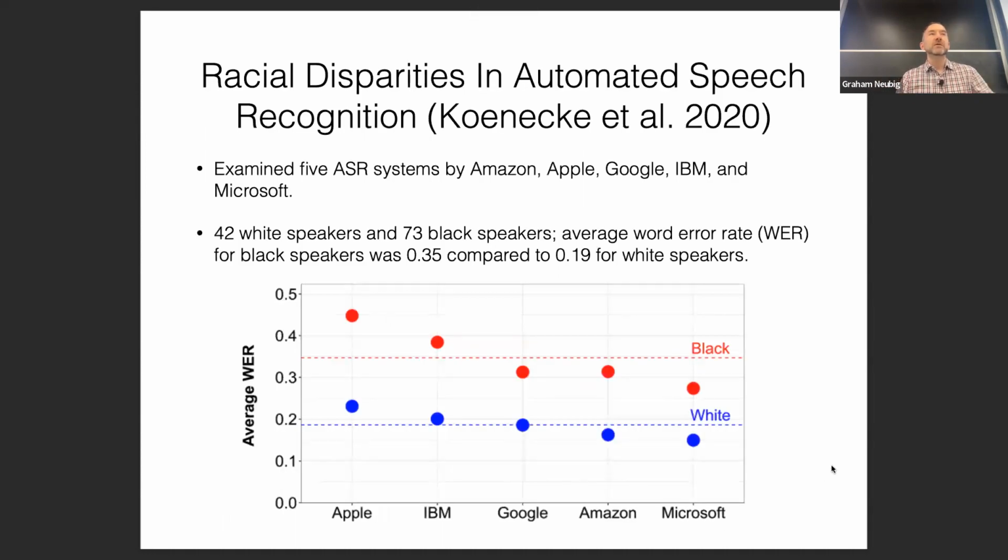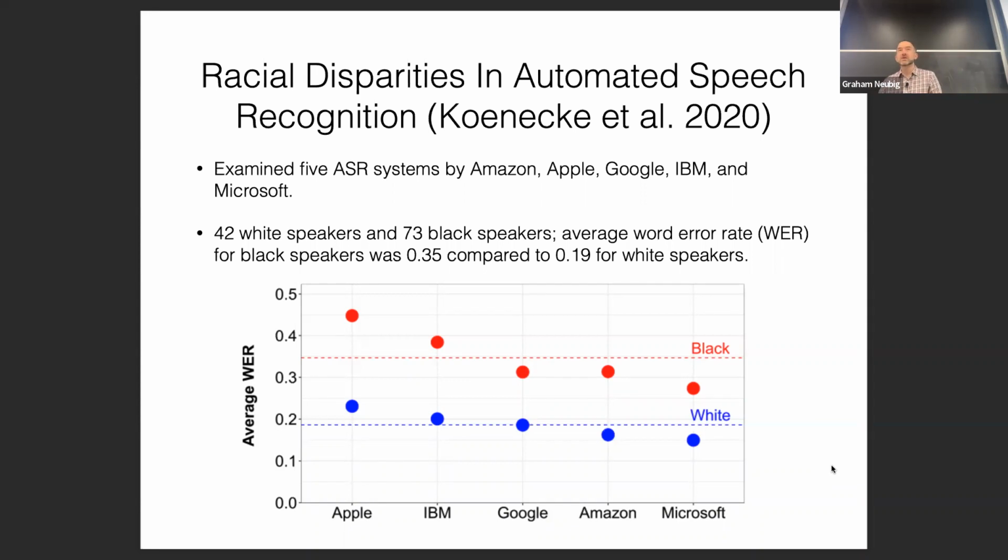Just to give an example, this is a very nice study in that they didn't actually build a system, but just used APIs from many different systems that were already online. Basically, they examined how well speech recognition worked for speech from groups of white speakers and Black speakers, and measured the error rate.